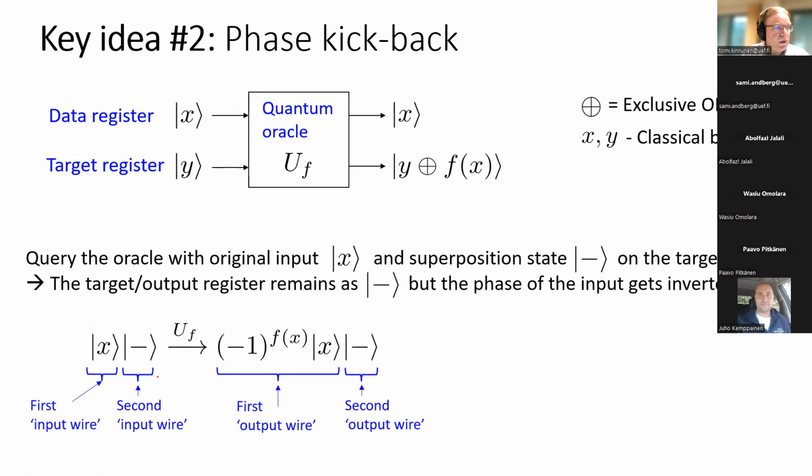And now let's say we put on this second input the minus state, created again using Hadamard on the 0 state, the 1 state. Now after you apply the oracle, the point was that whatever knowledge you had of the function is now kicked onto the first wire, in particular in its phase term here.